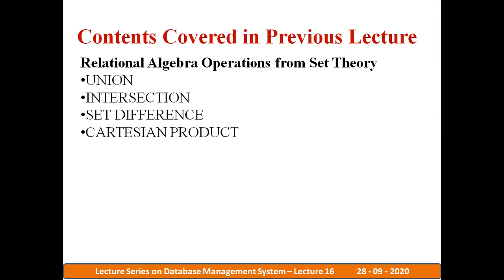Then we say that both the sets are type compatible, or union compatible. Only after that can you perform the union, intersection, or set difference. Remember, for the Cartesian product it is not necessary to check type compatibility; only for union, intersection, and set difference do we need to check it.